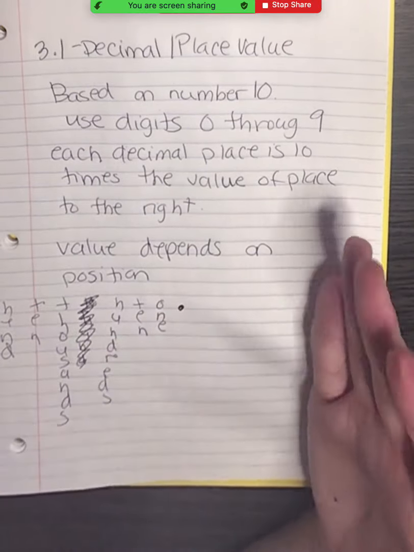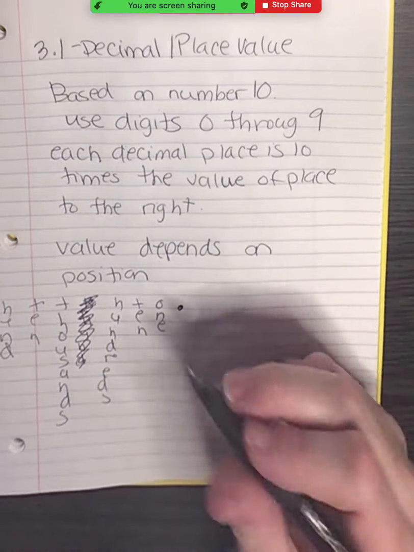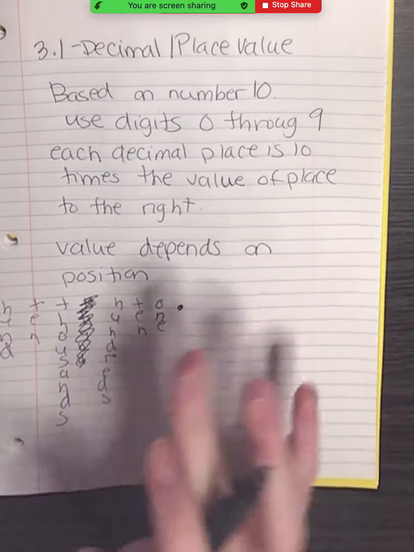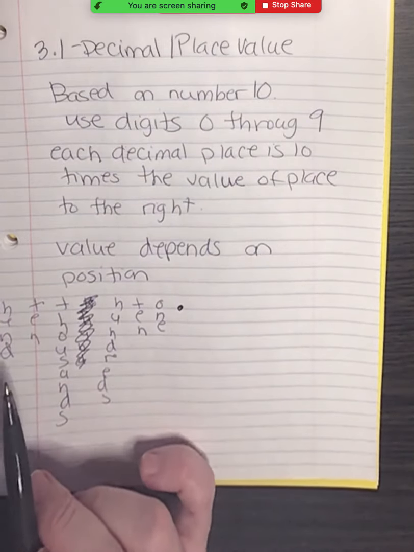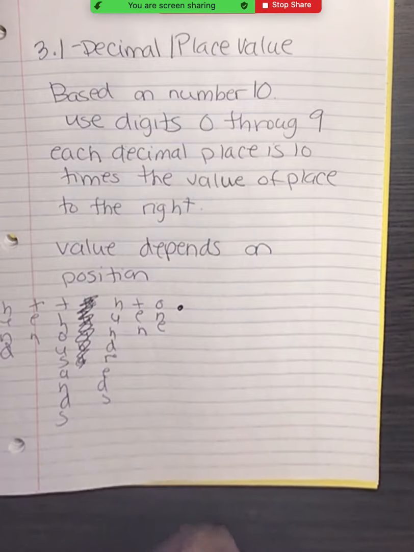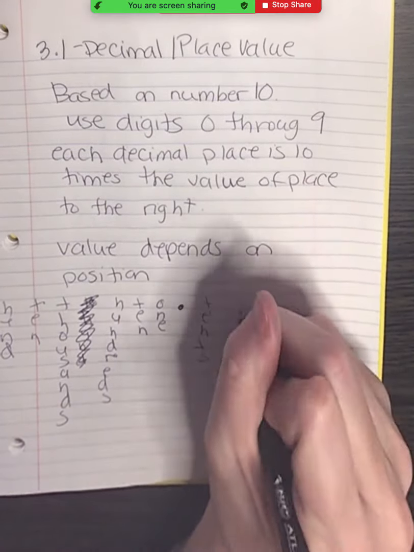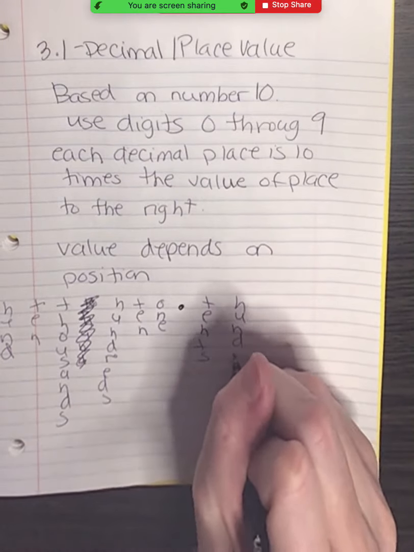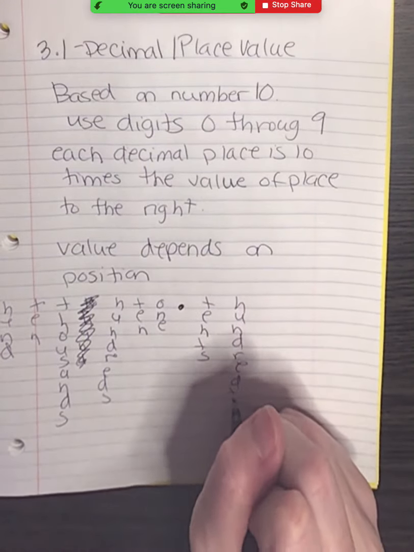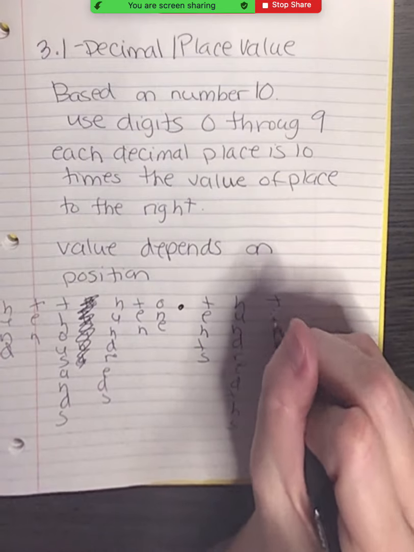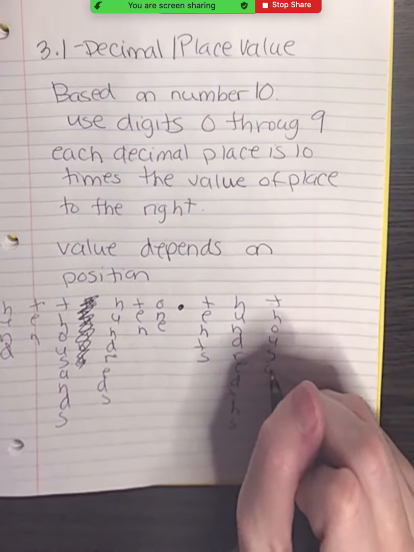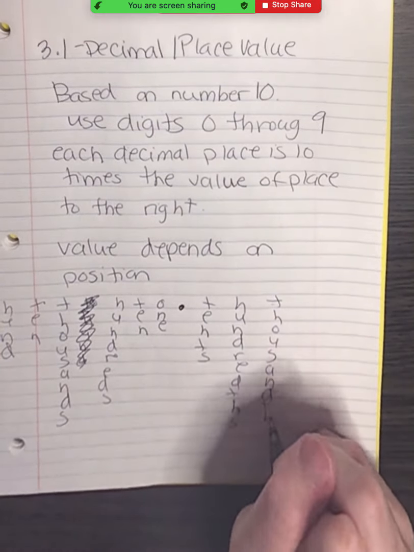To the right of the decimal, you don't have a ones place, okay? So essentially you have these same place values, except you have a THS on the end. So you have the tenths place, the hundredths place, the thousandths place, right?